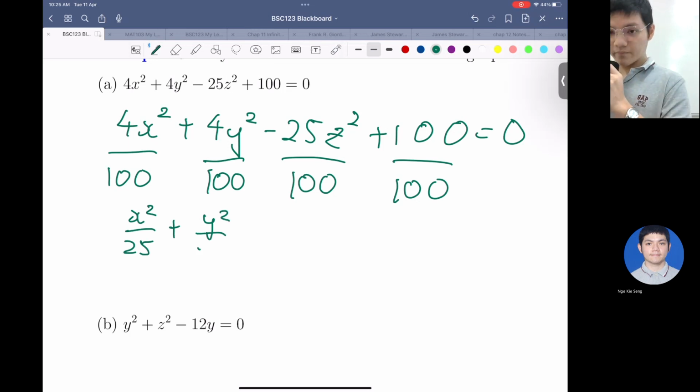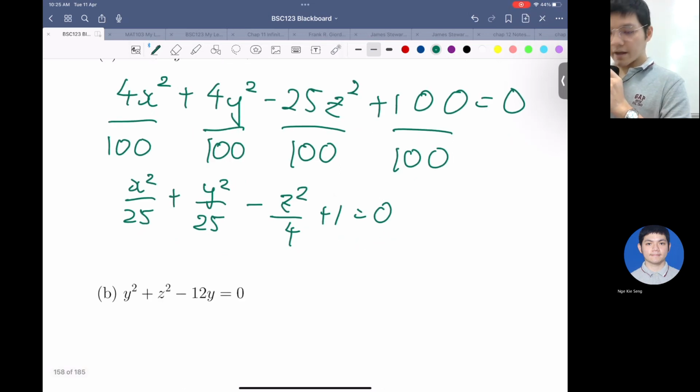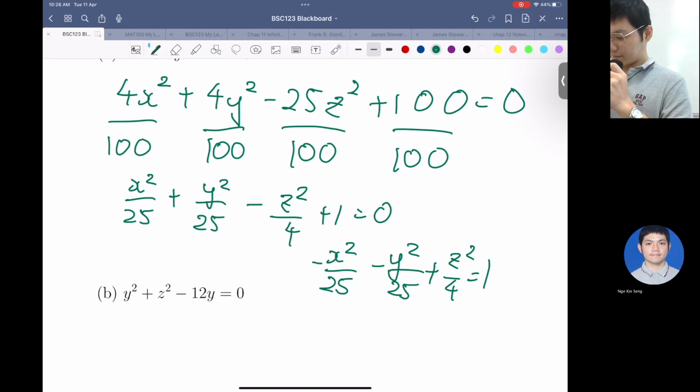Okay, so what do you get? You get 2 minus signs on x and y. What is the shape? Go back and refer to the list.